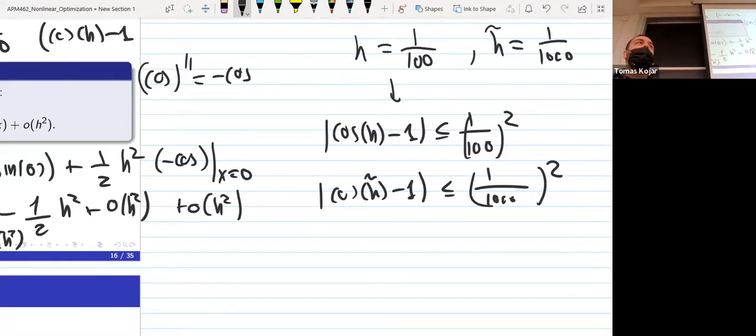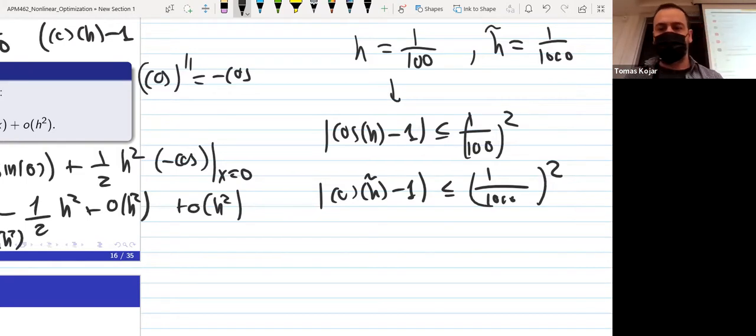Okay, so this is an approximation result. That tells you that the higher your Taylor series, the better approximation you have at the point where you expand. Questions?